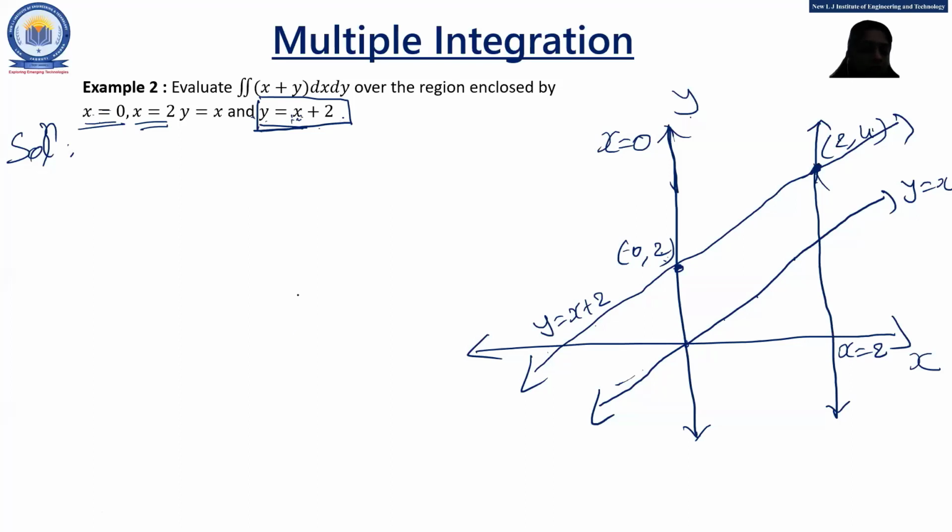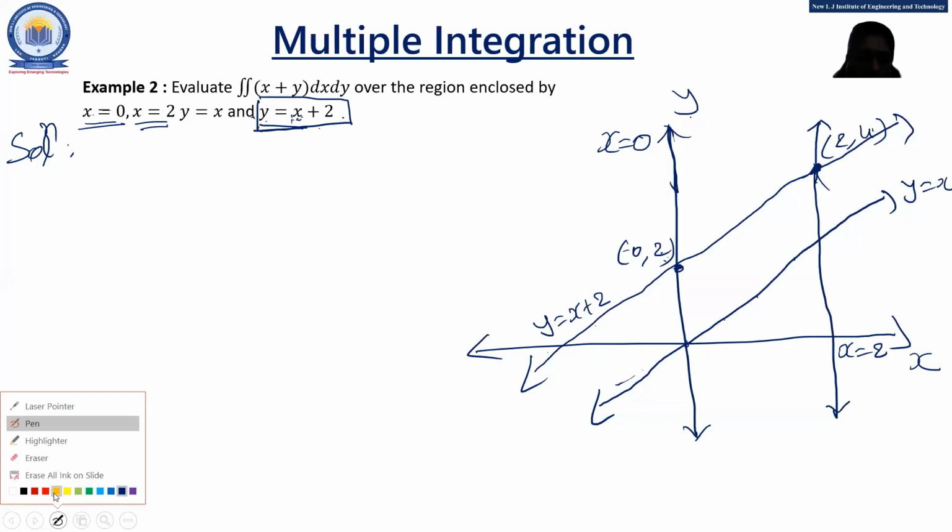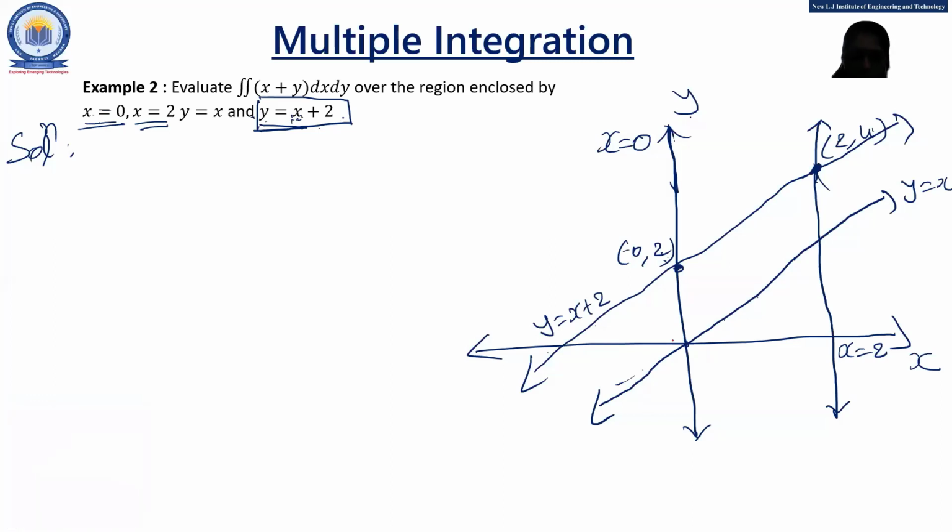Now, what is the region of the integration? That is bounded by this O, P, Q, R. Got it? This is my region of integration. Any doubts, students, about the region of integration?